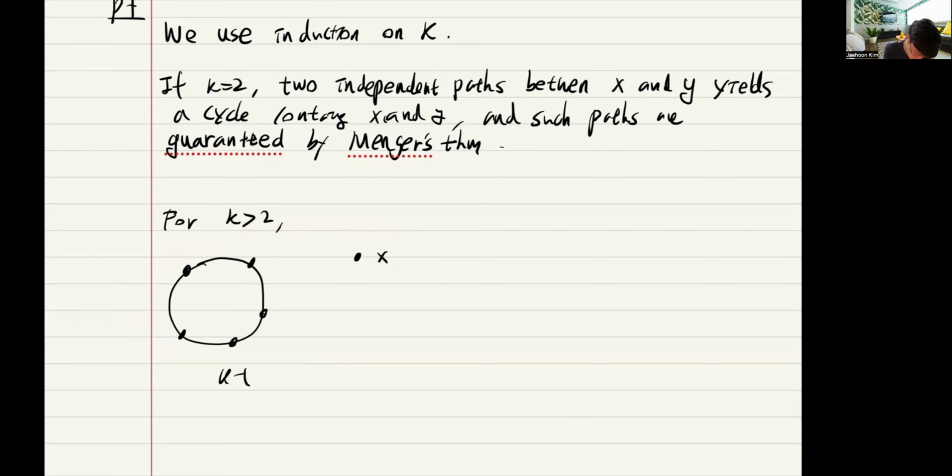Our idea is to use a fan. We find a fan between x and the cycle. As soon as we find such paths, we can take this cycle, including x, while giving up some segment, making sure that segment does not contain our vertices of interest.